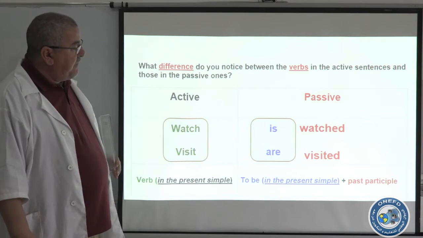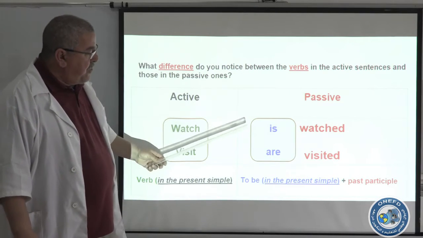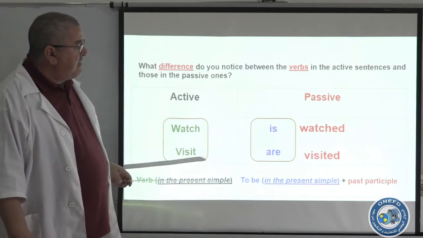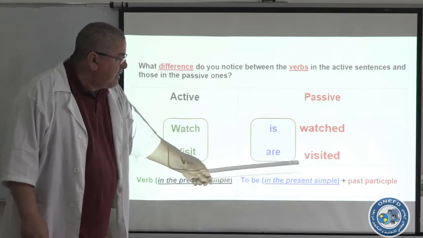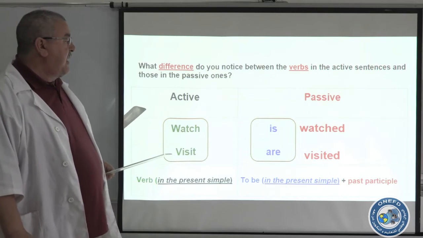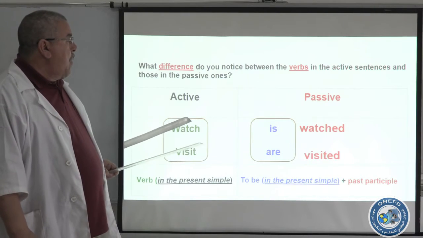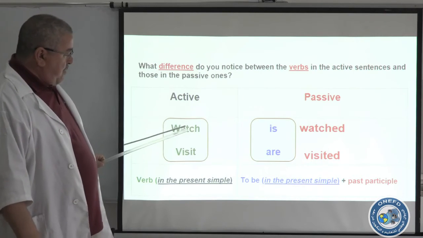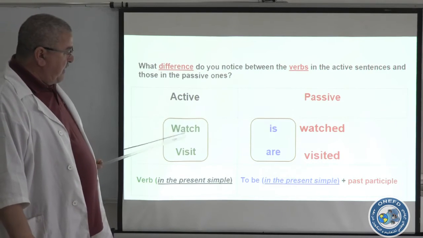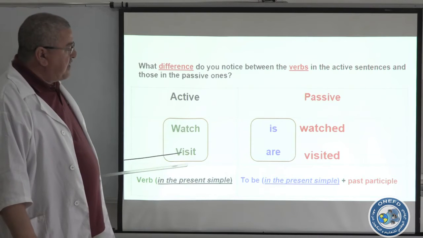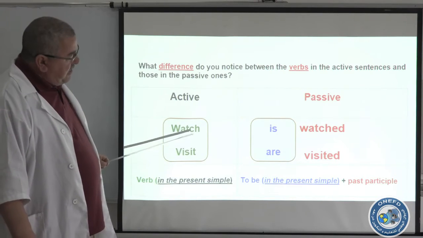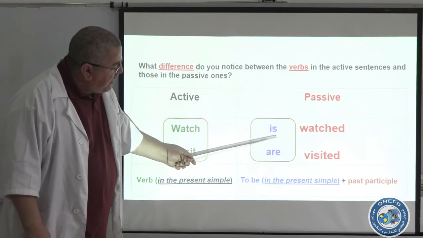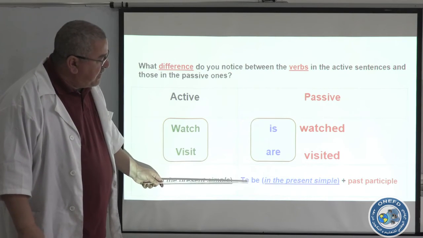Whereas in the passive, the verb becomes is watched and are visited. Now, let's first see what tense we are talking about. We have present simple here, which is demonstrated by the present simple of the auxiliary to be.